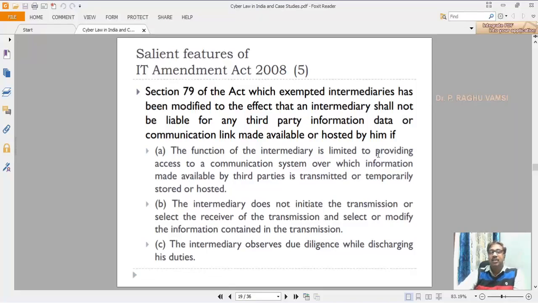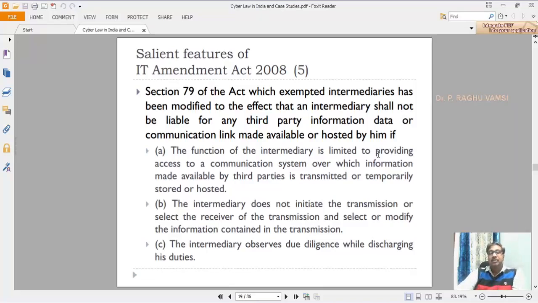So intermediaries should only act as facilitators, but not as storage of the data. The intermediary does not initiate the transmission, select the receiver of the transmission, or select or modify the information contained in the transmission. As the transmission of data or signals is coming, he should not store it and should not tamper with it. He has to forward it. That's all; this is the only responsibility of the intermediary.